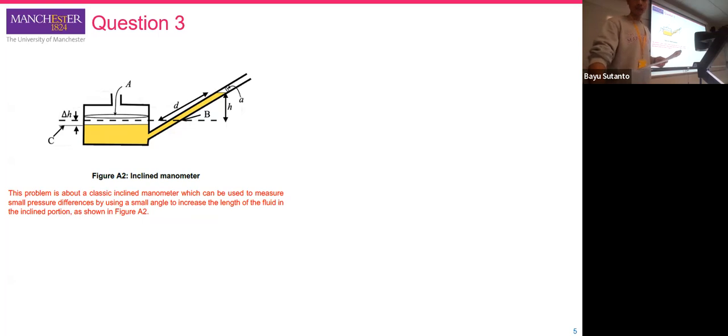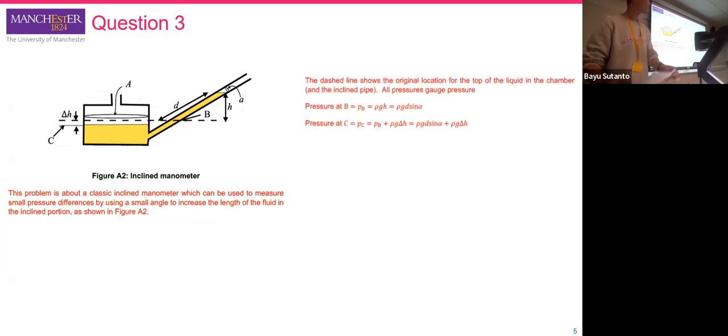First, we can discuss it. Okay, sorry. I think I can use this also. The dashed line shows the original location of the top of the fluid in the chamber and the inclined line. So this is the original one. And then the input.